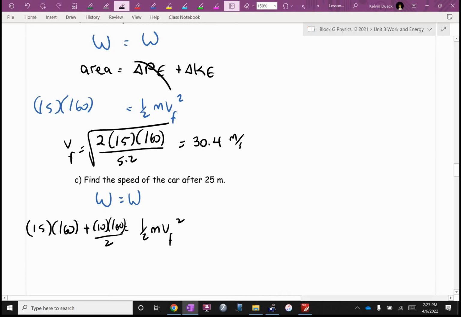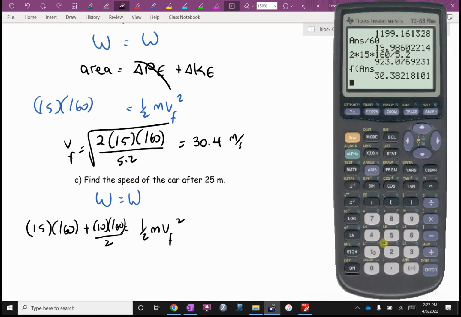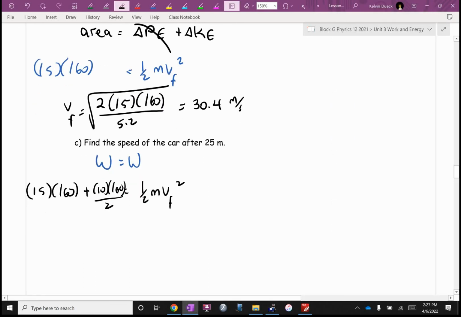I would probably turn the left side into a single number. 15 times 160 plus 10 times 160 divided by 2. 3,200. So v final is going to be 2 times 3,200 divided by 5.2.